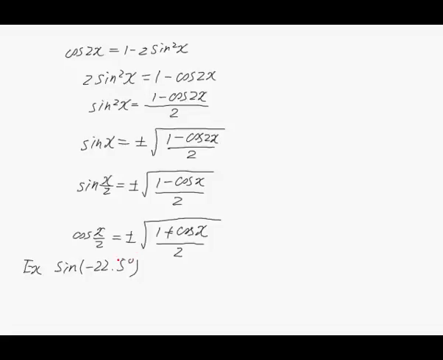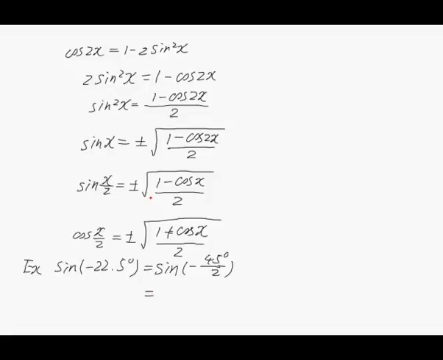So now let's first rewrite this as the sine of negative 45 degrees over 2. So right now our x is negative 45 degrees. Then by using this half angle identity, we can get.